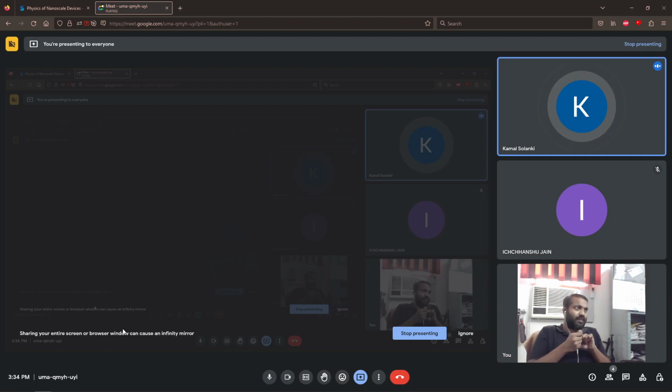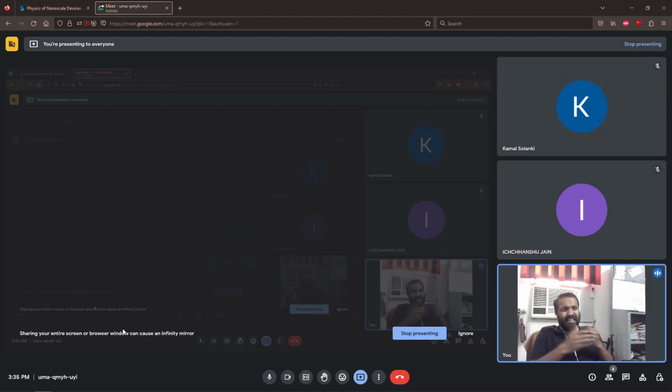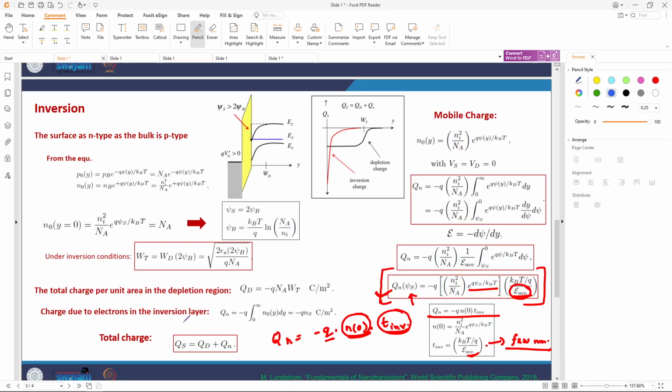In case you don't remember it, pick up any basic textbook on MOS devices that explains the phenomenon. That is where we get the relation that for inversion, psi s should be 2 times psi b, and psi b is given by this expression.